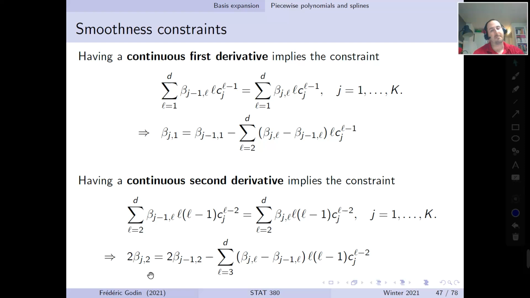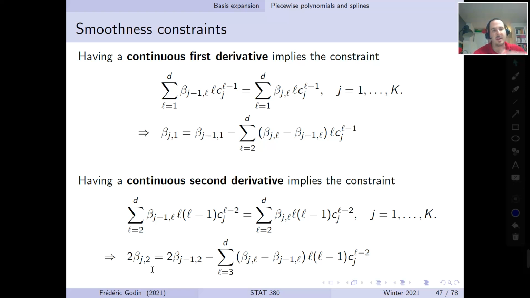Okay, so we can see that if we do that, the only free parameters that can vary freely are the betas when j is equal to 0, so the first betas associated to the first subinterval, and when we set them, the only other parameters that can vary freely are the beta j3, because the beta j0s are fixed by the continuity assumption, the beta j1s are fixed by the continuous first order derivative constraint, and the beta j2s are constrained by the second order derivative constraint.